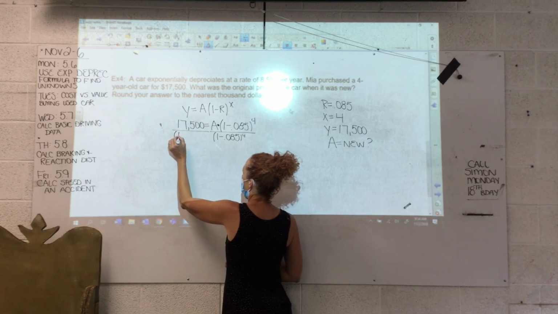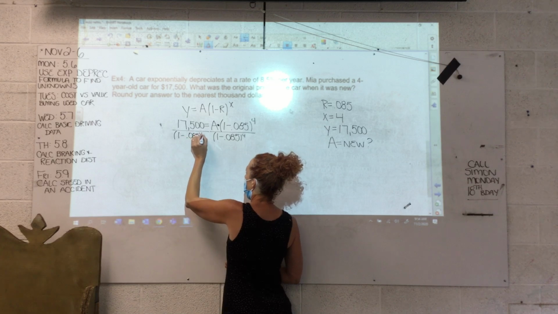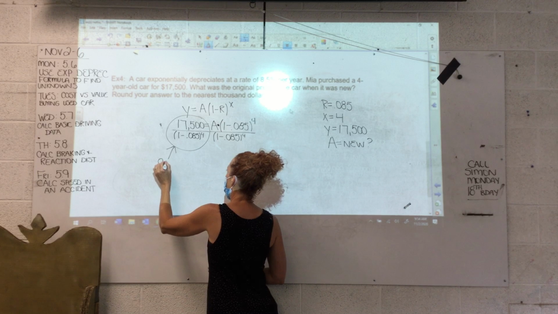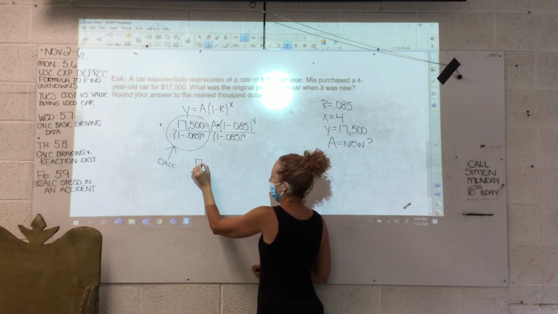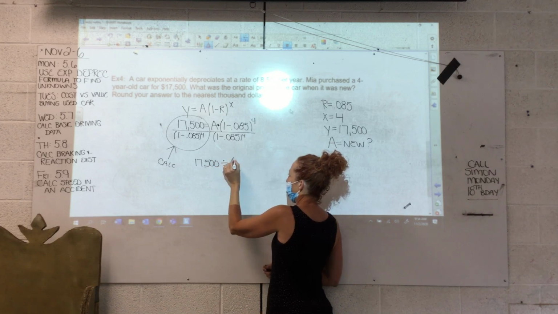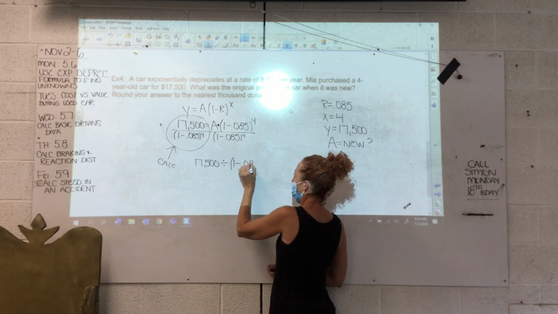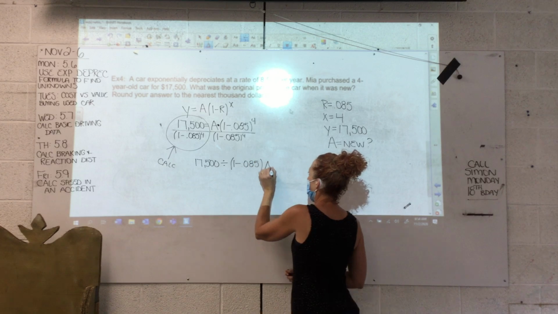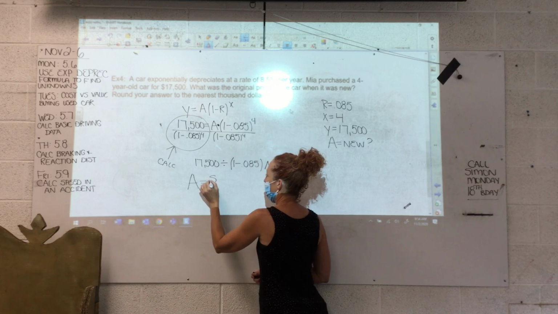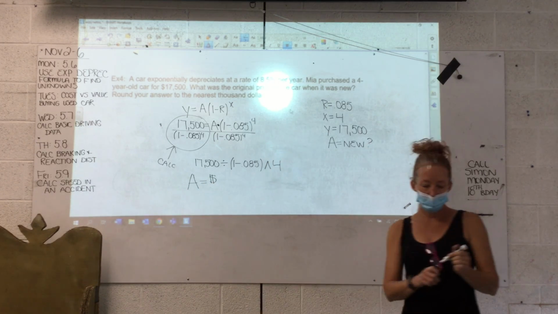What you are going to type in is what I've got here on the left. Type that in your calculator. Go 17,500 divided by parenthesis 1 minus 0.085 to the fourth, and it will spit out the A for you.